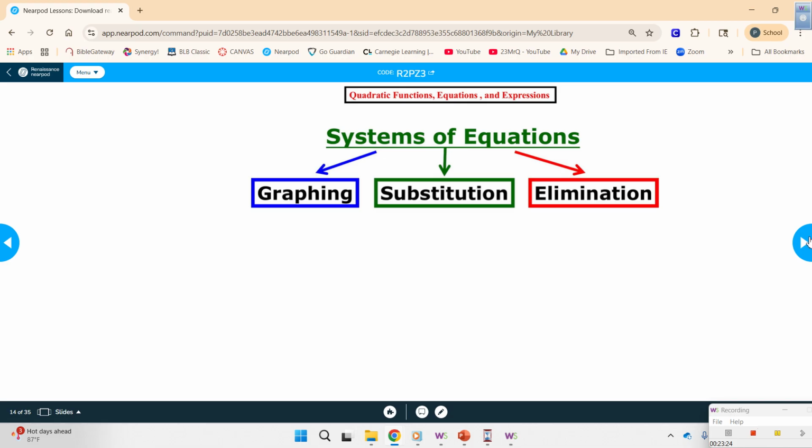So, systems of equations can be solved 3 different ways: by graphing, substitution, and elimination. This is a review. You guys seen this in 8th grade, in Algebra 1, and in Algebra 2. And I trust that my other math teachers did their work, and you guys learned all of this. Now, I left you a video lesson on systems of equations by graphing and solving.